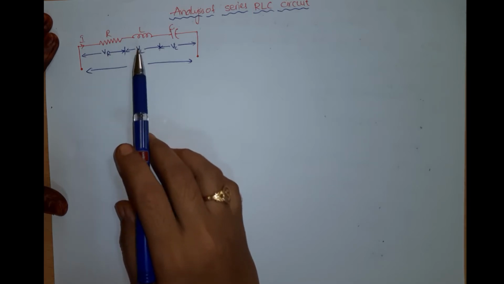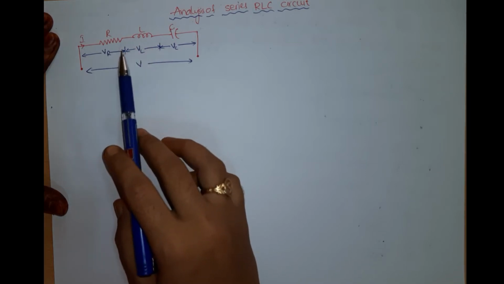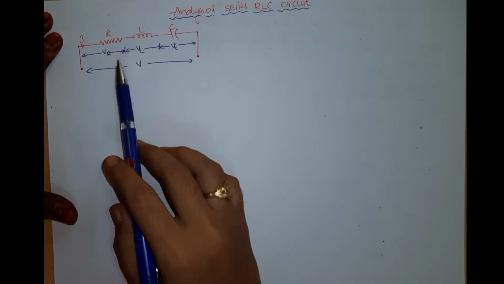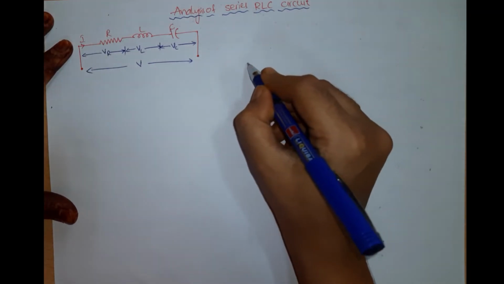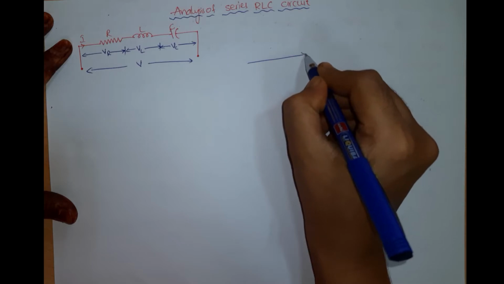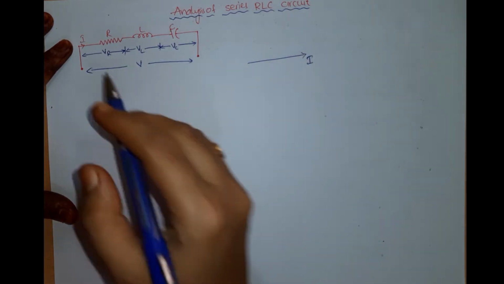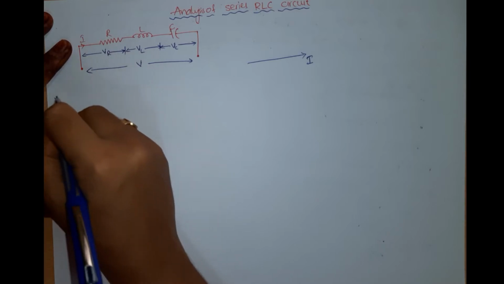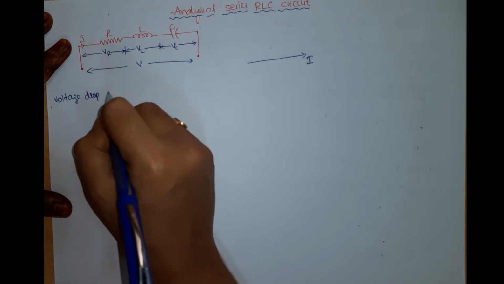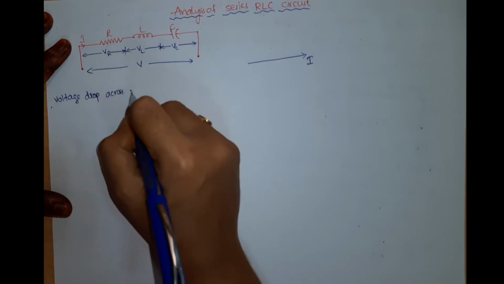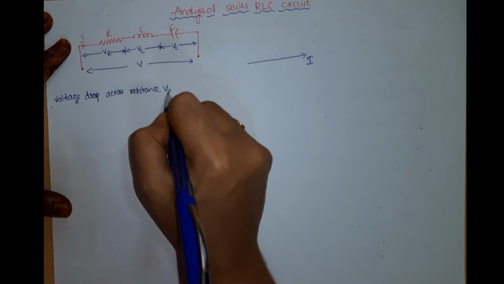We know that, right? Now I am trying to draw the phasor diagram for this given series RLC circuit with reference value as a current I. I know that the voltage drop across resistance, if I take it, that is VR.